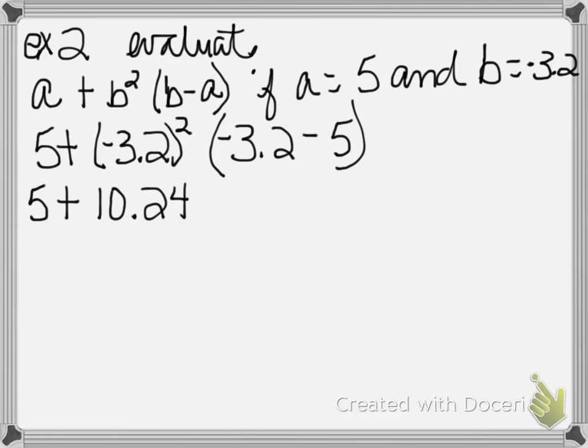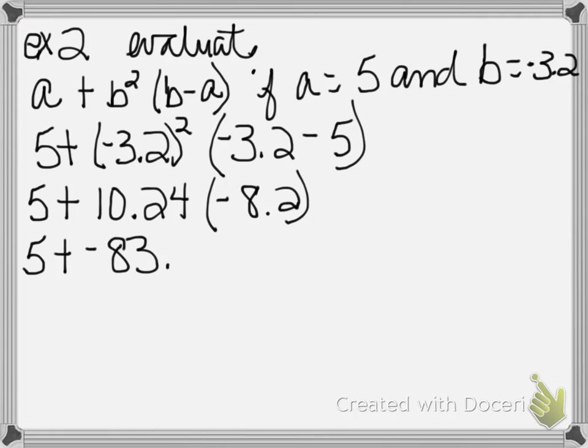Then inside that parentheses, it's negative 3.2 and a negative 5. Those are both negatives, so we add and get a negative 8.2. Order of operations says we're going to multiply, so we just keep bringing down the 5. We're going to multiply 10.24 times a negative 8.2, and we get a negative 83.968.